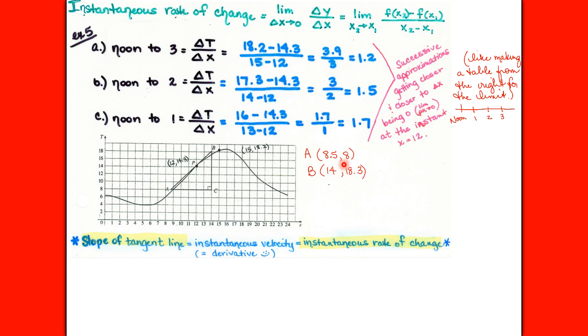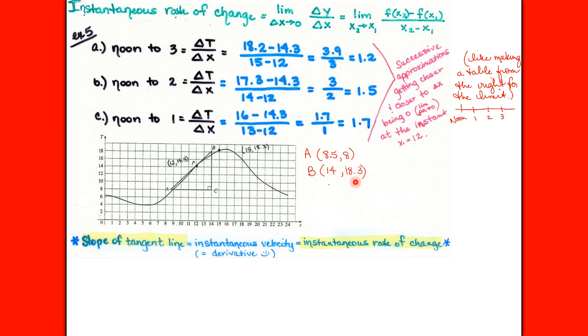Now, your line, when you looked at it, you might have thought that was 8.7, 8. That's okay. It's an approximation. Yours might be a little bit different than mine. That's perfectly fine. Then point B up here, when I looked at that, it's right on the 14, but it's going a little bit past the 18, like a little above it, so I called that 18.3.